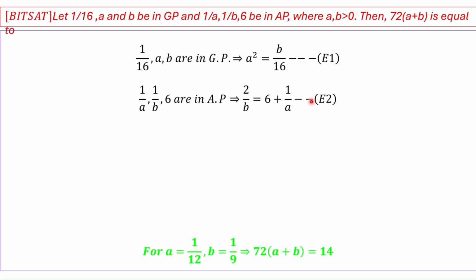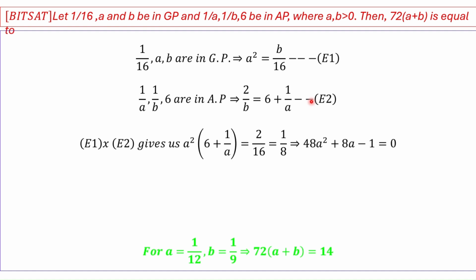Now just to eliminate A from these two equations basically, how I have done is E1 into E2. That is A square into 6 plus 1 by A equal to 2 by B into B by 16, that is 2 by 16, right?